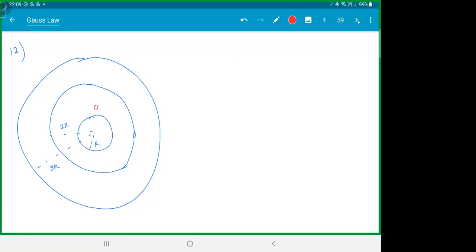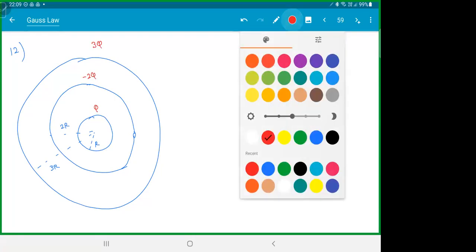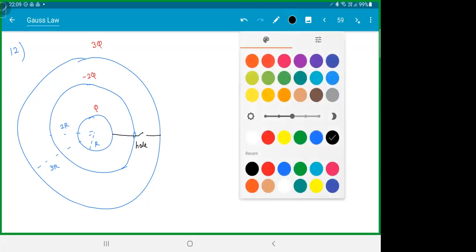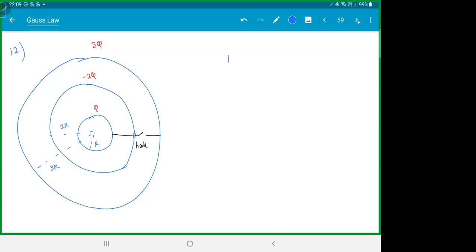The inner shell's charge is Q, outer shell minus 2Q, and this is 3Q. You have a wire from here through a small hole. So there's a small hole, okay? You're not touching the second shell. So find the charge distribution after the switch is closed.